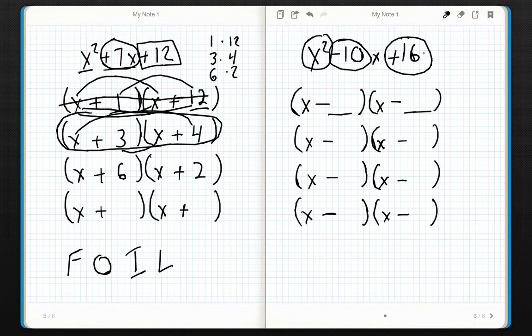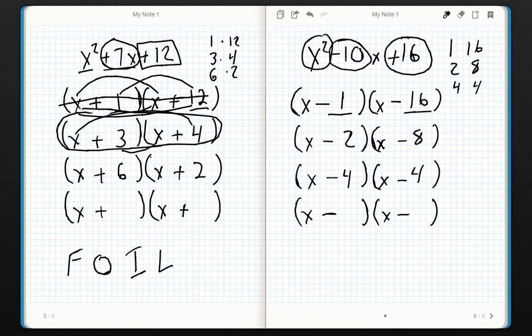So now again, I'm looking at how to build a 16 with two terms multiplied together. I could do 1 times 16, I could do 2 times 8, I can do 4 times 4. I don't think there are any other factors of 16. So we can go ahead and look: 1 and 16, 2 and 8, and 4 and 4.